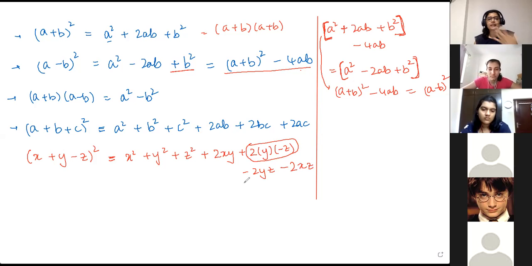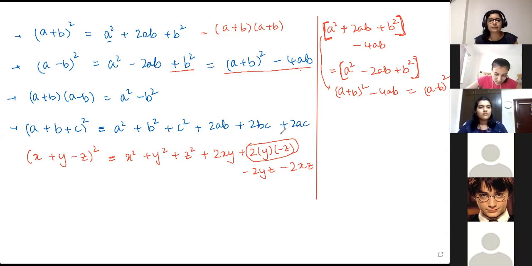Yeah. So that's how you figure out identities. This is the basic thing. If you remember the basic thing, pretty easy. It's a square, b square, c square. Then 2 times a into b, 2 times b into c, and 2 times a into c. But if you have variations, right, you need to take care of the signs. So x and y are positive. Whenever something is squared, the negative becomes positive.